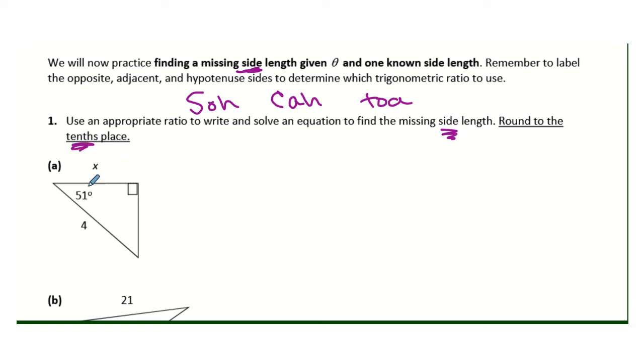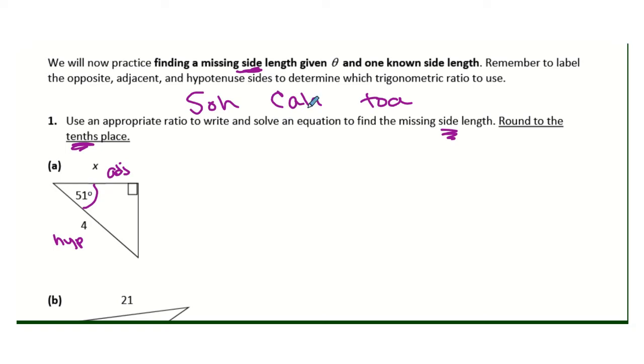Alright, so here is my angle theta that they gave me. Here I can see that 4 is the hypotenuse because it's opposite the 90-degree angle. And x is next to 51, so this is the adjacent side. So which one of these three ratios uses adjacent and hypotenuse?